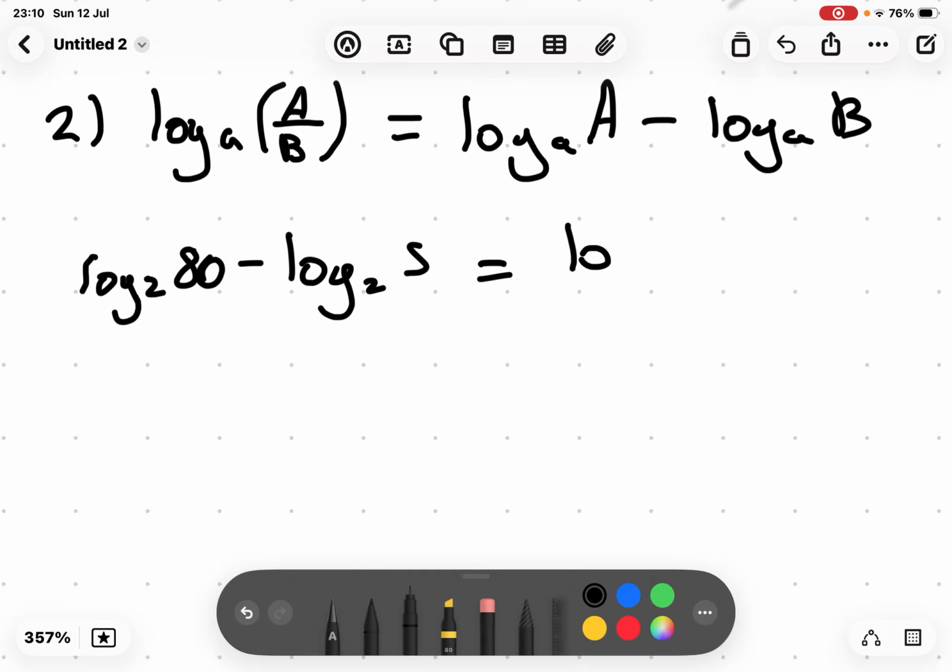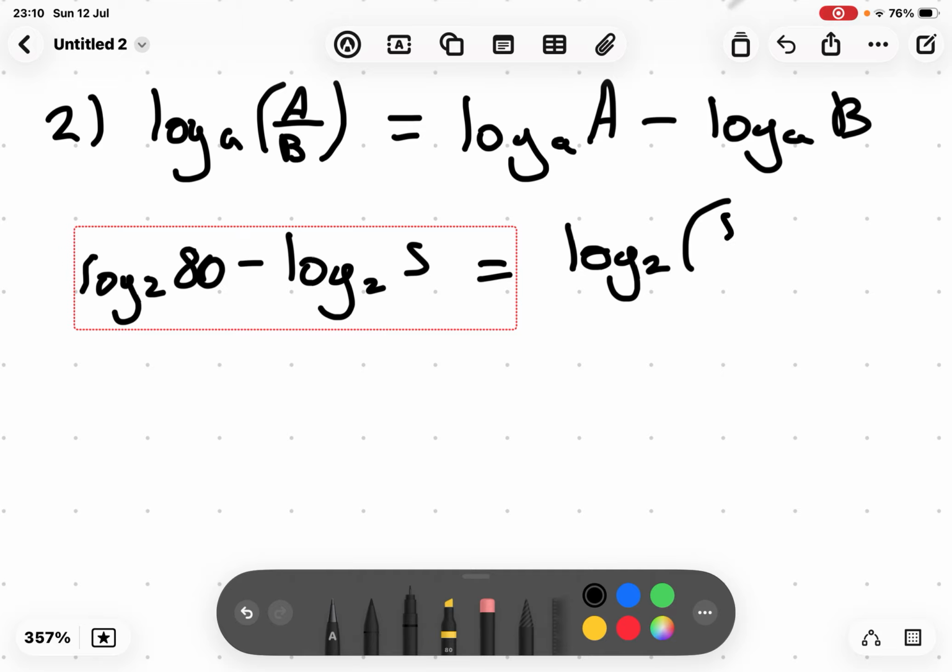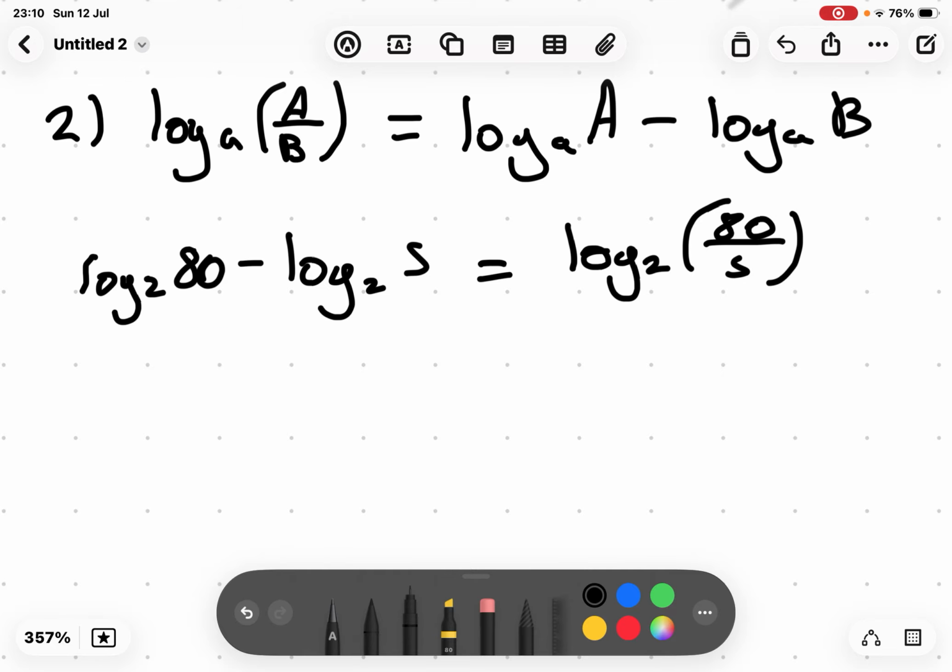We're able to just write log 2 of 80 over 5. That answer is 16. And then log 2 of 16 is equal to 4.